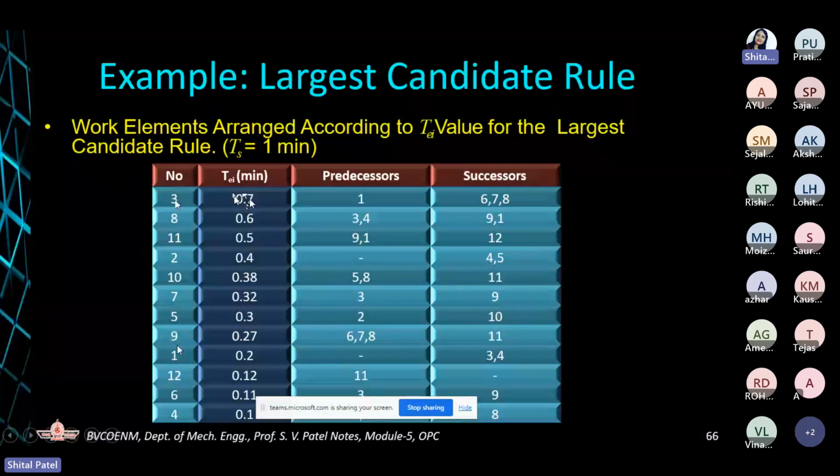The processing time should be descending: the first activity consumes the maximum time, next is lesser, then lesser, and the last one is the least processing time activity. Am I clear with this?